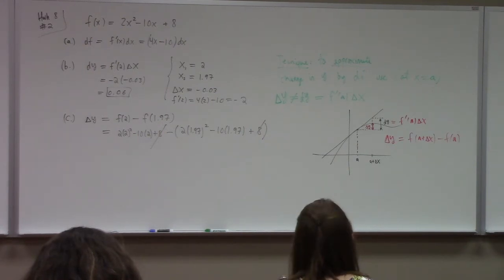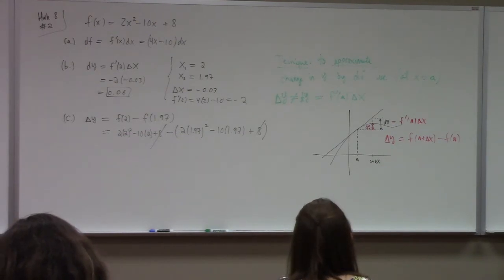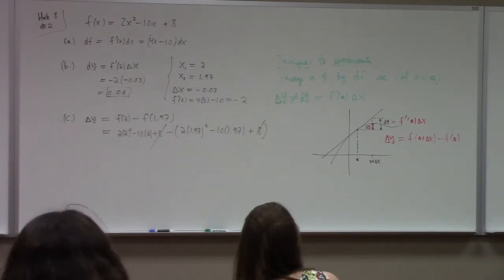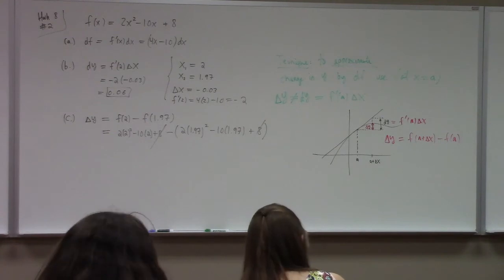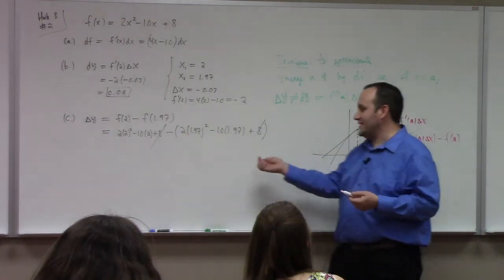The instructions of the problem should make it clear that's what you're supposed to do. It says use your result from part A to find the approximate change in y if x changes from 2 to 1.97. I will tell you this, it's not my favorite thing, because it actually requires me to get out a calculator.